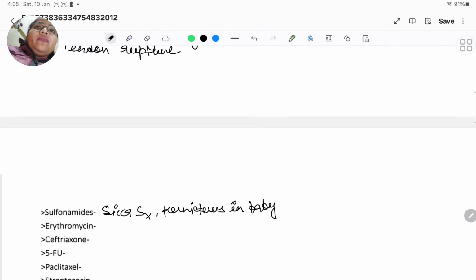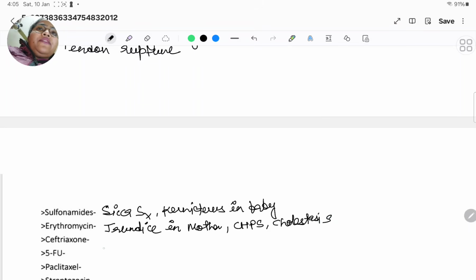Erythromycin causes jaundice in the mother, and it causes CHPS in infants. If the mother takes erythromycin during pregnancy, it also causes cholestasis. Now ceftriaxone, another antimicrobial, causes pseudocholestasis syndrome.